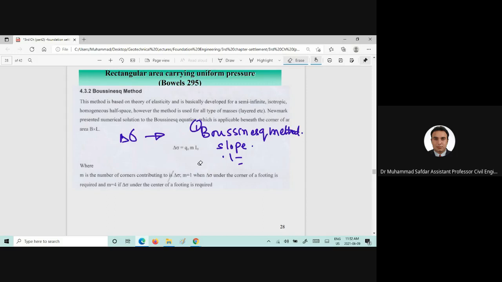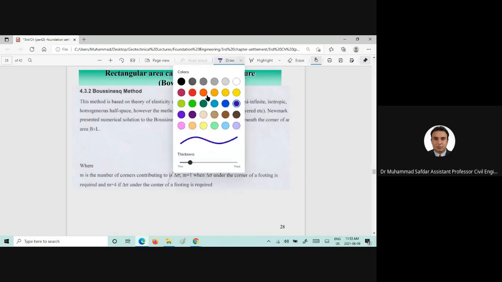First we will discuss the Boussinesq method, and then we will discuss the Westergaard method. Please kindly note down this equation.